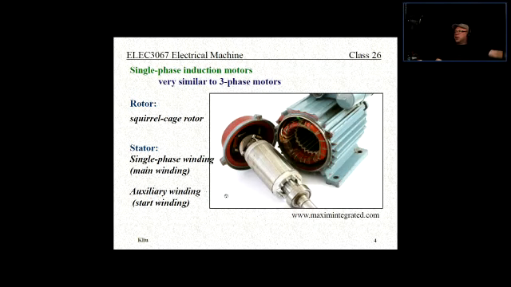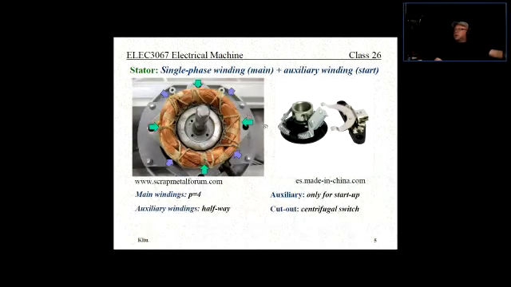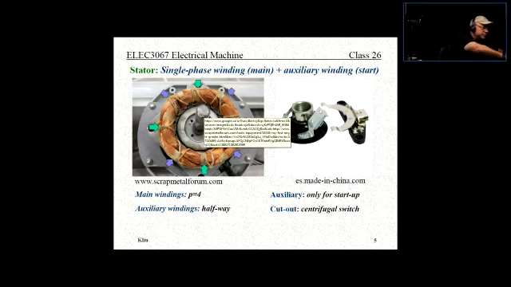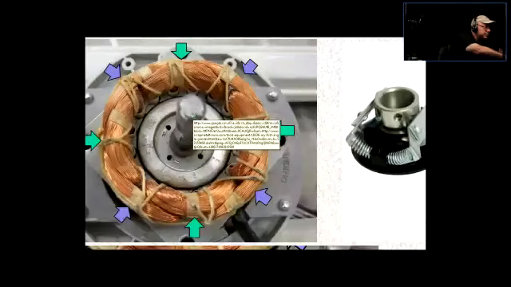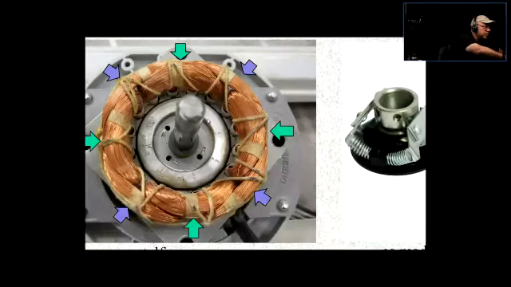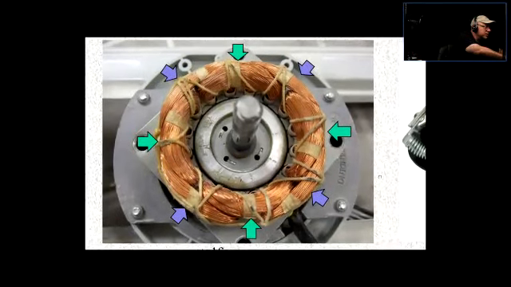Okay, so what's the auxiliary winding? You can see this diagram here. So we have 2 types of windings here, the main winding and the auxiliary winding. Let me move this here.